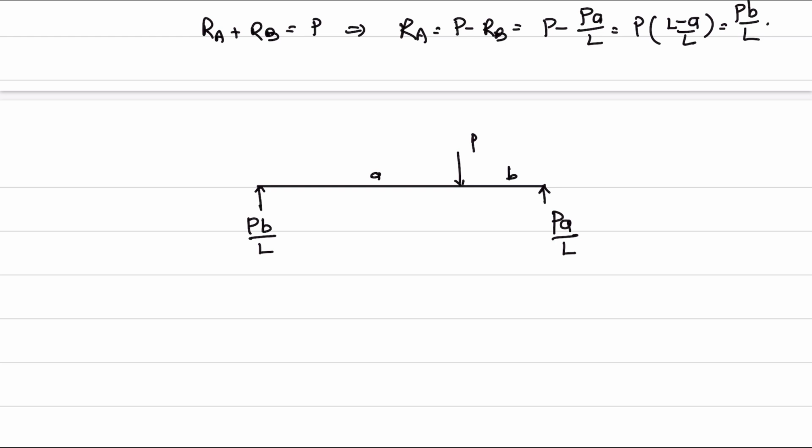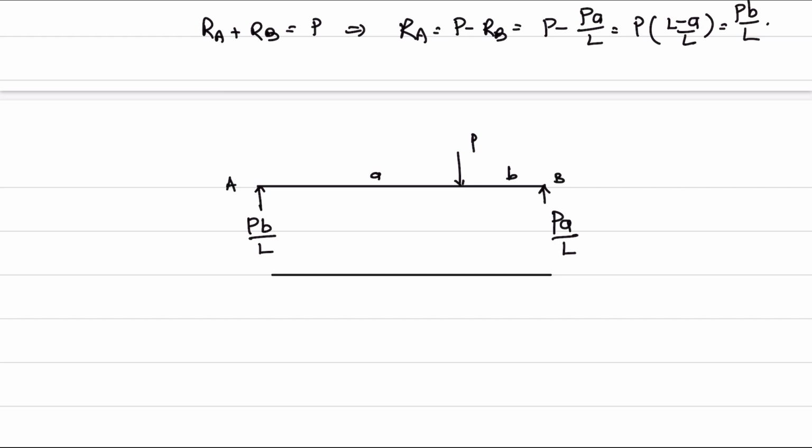Now, deflection. What is the bending moment? We have to calculate the bending moment at different places. Ultimately we are interested in the BMD. Let us try to draw the BMD. What is the bending moment at point A?